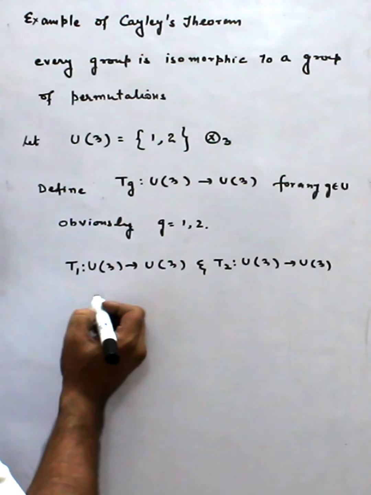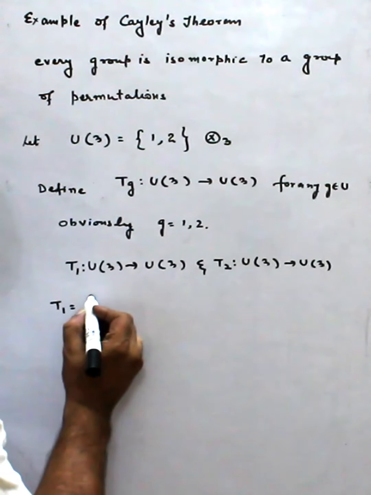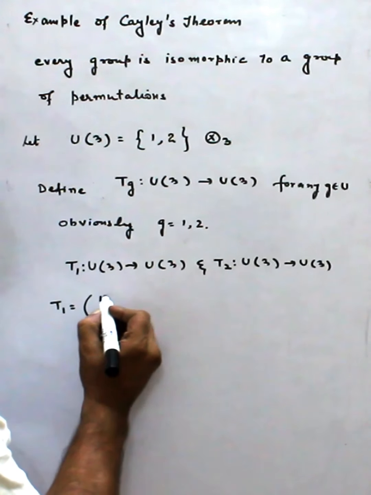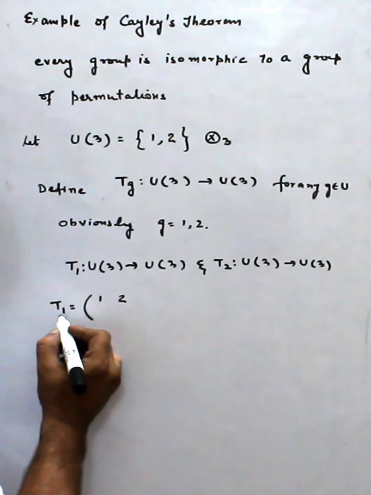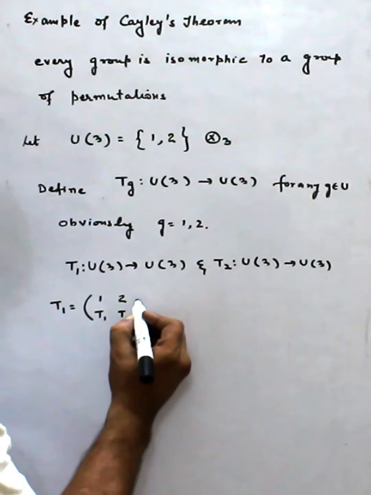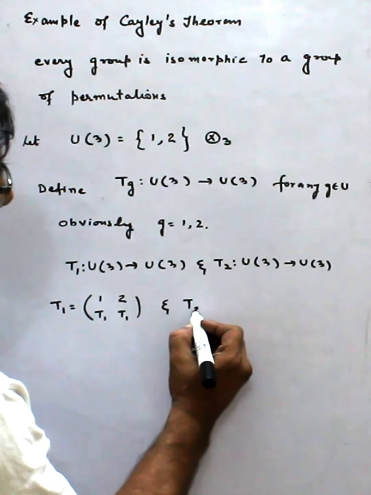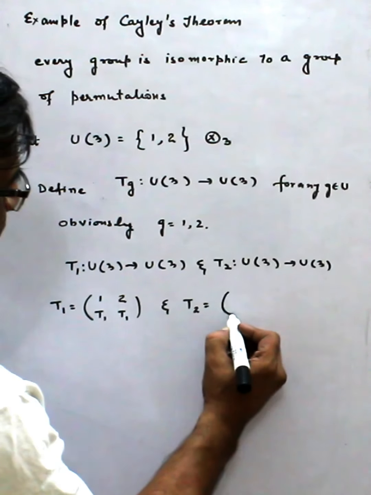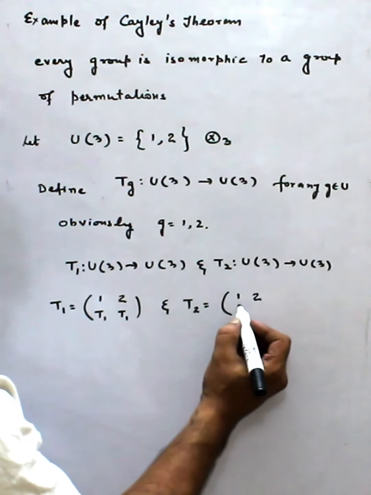Now T1 means 1 2. In U3 the elements are 1 2. Now this is T1, and T2 means, obviously here the elements are 1 2.